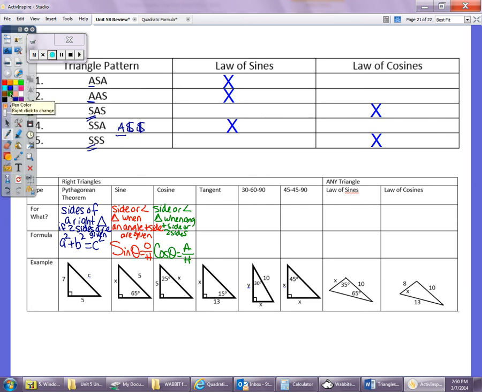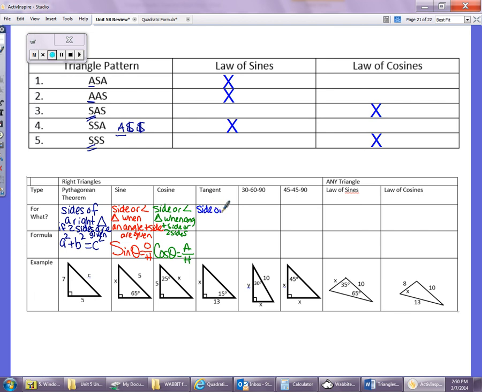Tangent is the same thing. You would use tangent to find the side or angle of a triangle when an angle and a side are given, or two sides. And that formula is tangent of an angle equals opposite over adjacent.